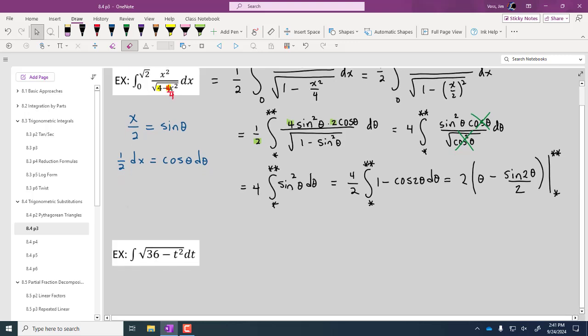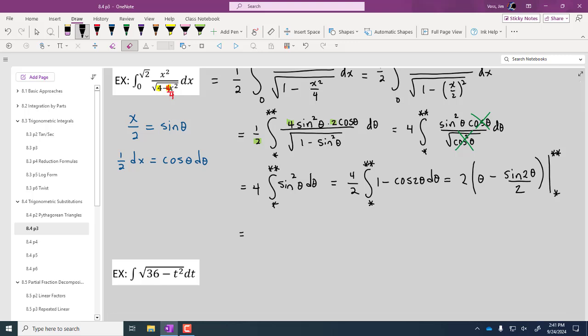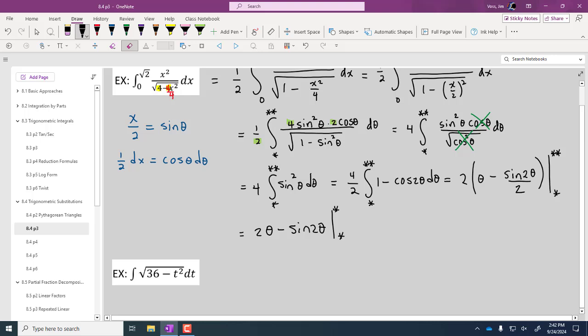All right, any questions to that moment? So we're going to distribute the 2. So we're going to get 2 theta minus sine of 2 theta. Okay. One step at a time.